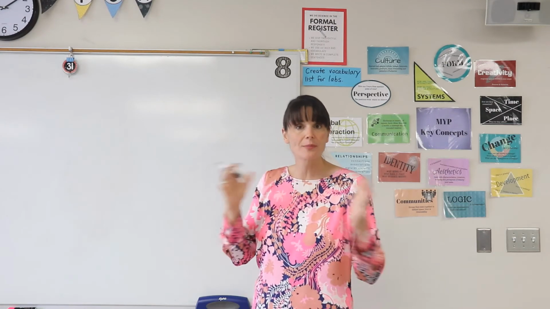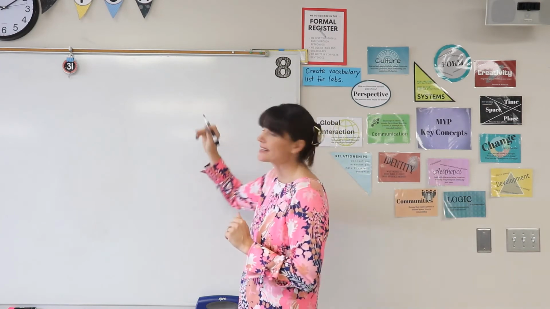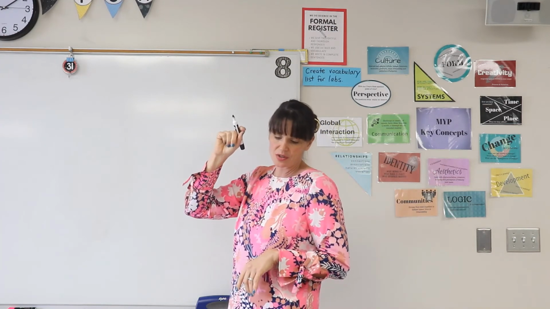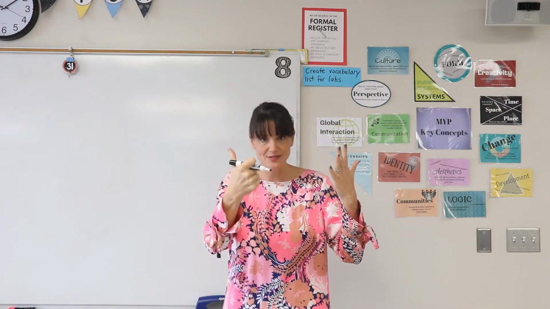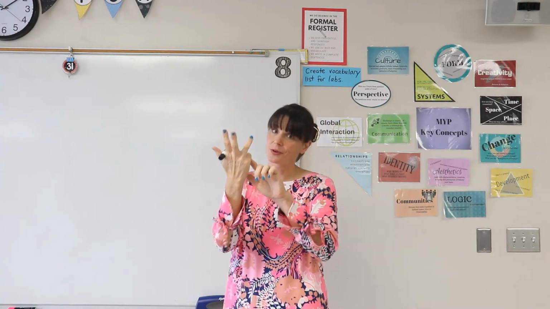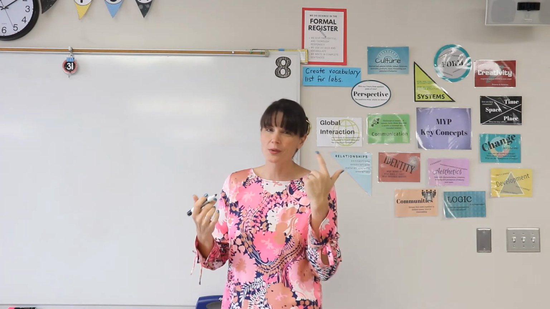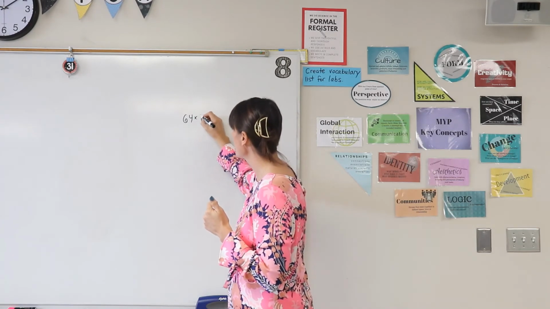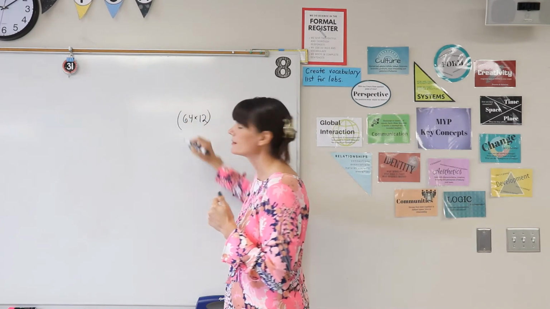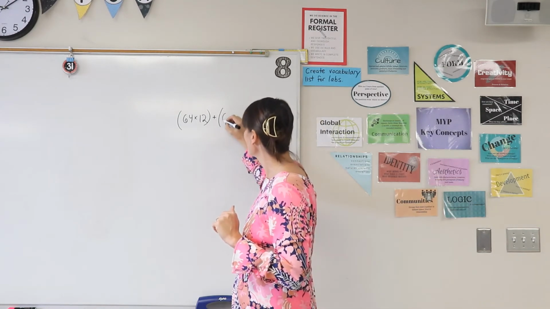But instead of going 64 plus 64 plus 64, and so on, that's 12, right? We know that we can say 64 times 12. So I'm going to say 64 times 12, right? And I'm going to add that to 66.